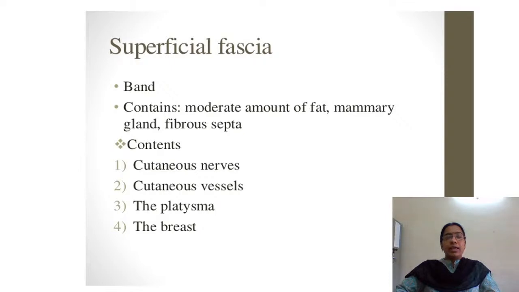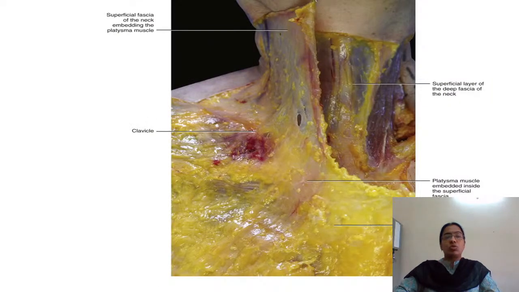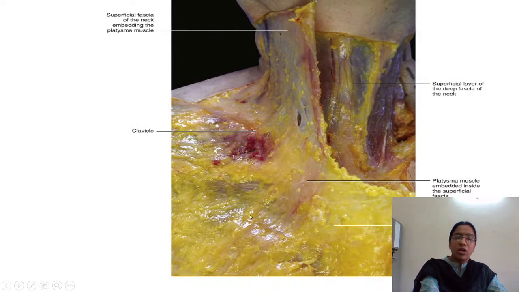Let's see what is present in the superficial fascia. This is the superficial fascia of the pectoral region. There is fat present, a moderate amount of fat.